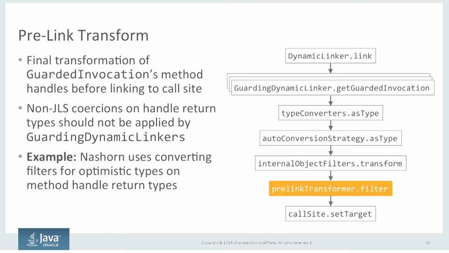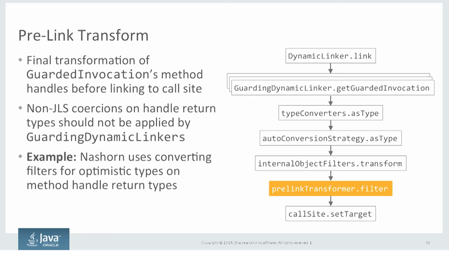Pre-link transform. This almost last step in the linking process is given the final chance to transform a guarded invocation's method handles before linking them to a call site. Guarding dynamic linkers shouldn't apply non-JLS type conversions on method handles' return types to match them to the call site type.